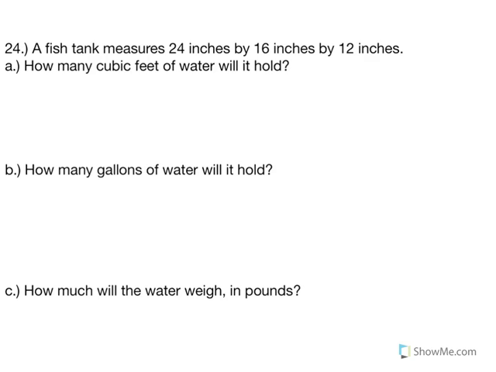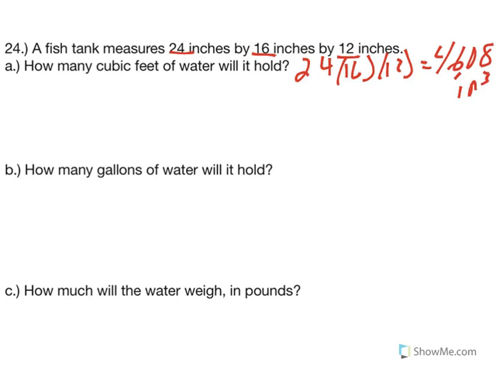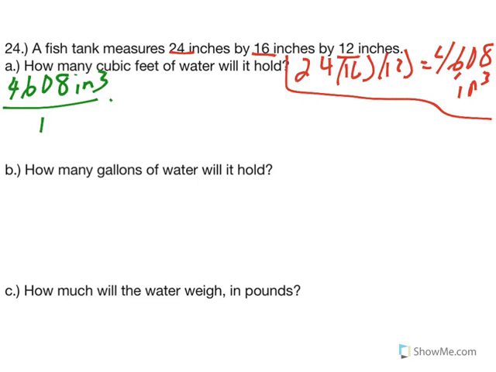So a fish tank measures 24 inches by 16 inches by 12. How many cubic feet of water will it hold? Well, funny you should ask, right? 24 times 16 by 12. So if I multiply those together, it's going to give me 4,608 cubic inches. Okay, well, that's not what the question is. So 4,608 inches cubed, but I want cubic feet.